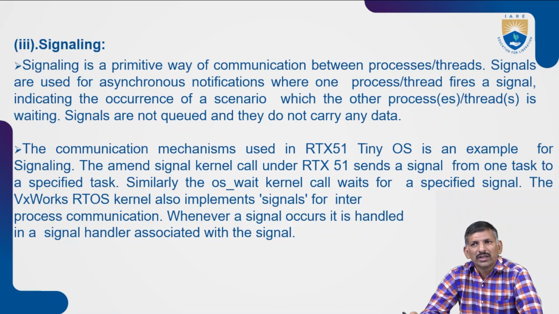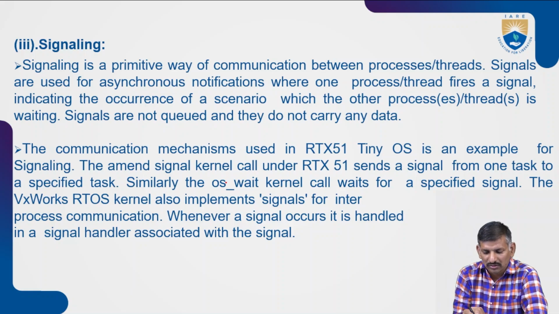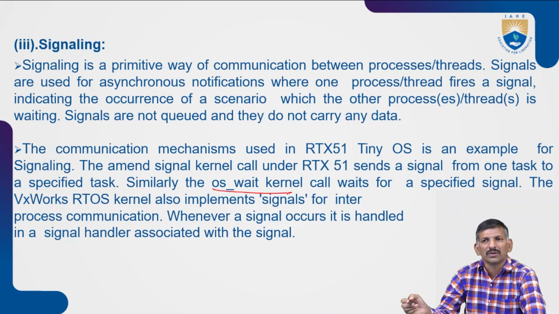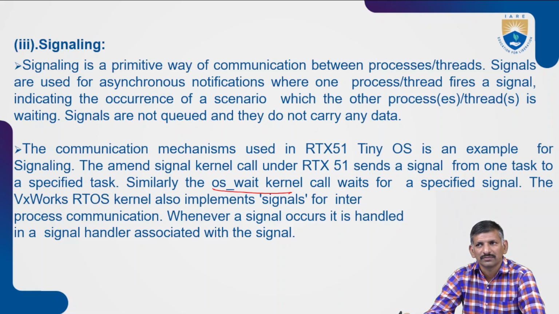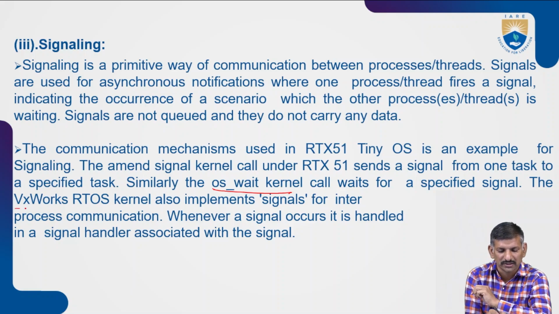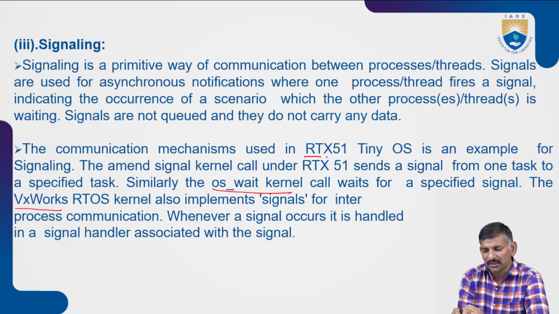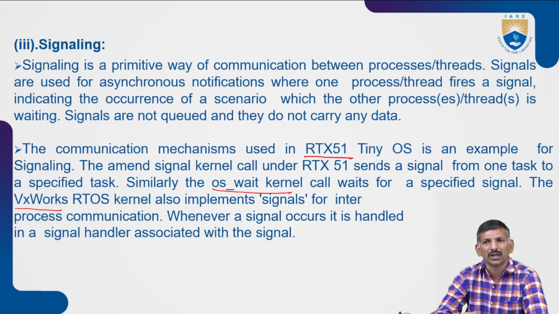Similarly, the OS wait kernel call waits for a specified signal. The VxWorks RTOS kernel also implements signals for inter-process communication. That is kernel dependent. So VxWorks is one of the operating systems we are using here, and RTX 51 TinyOS is another.